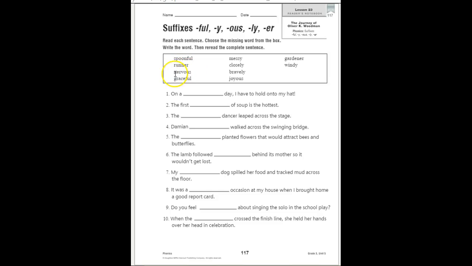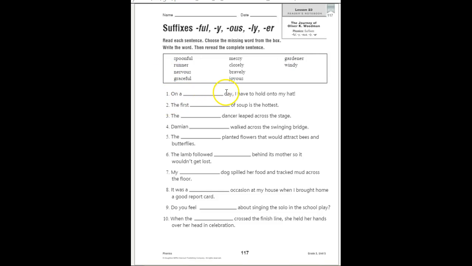Nervous, remember we talked about this is not a true base word and suffix, I'm sorry, the word that was not was the word generous. So nervous, graceful, messy, closely. Notice in closely they did not drop the E. Bravely, they also didn't drop the E before they added ly. Joyous, gardener, and windy. All right, let's read the first sentence.